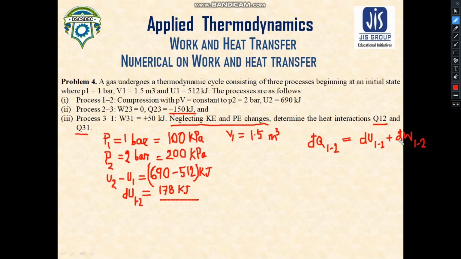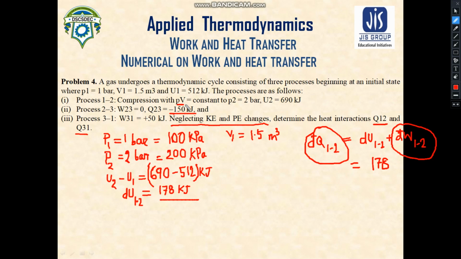Now, applying the first law here, we can get this equation. So we can write 178. But when we are trying to find the value of dU, we also need to know the value of this work done. For this process, PV is equal to constant.